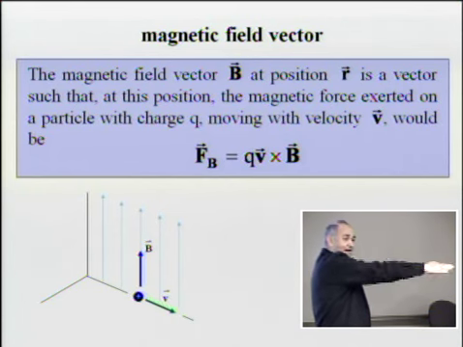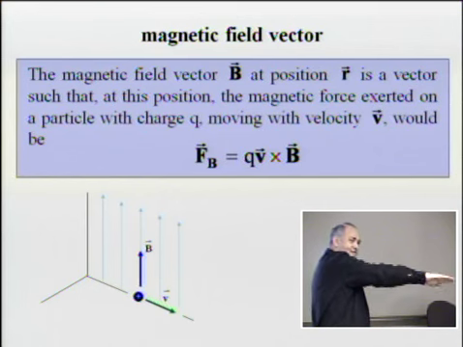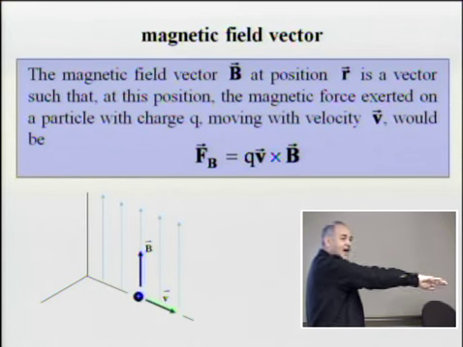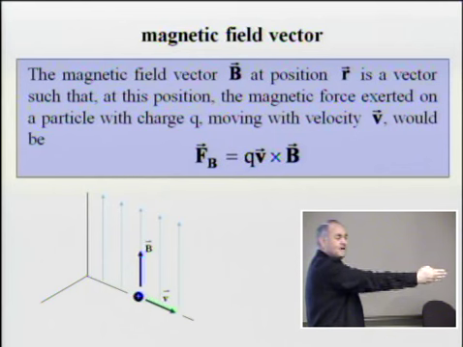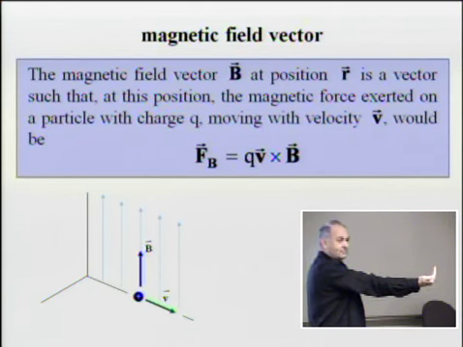Align first the hand with the first vector. Now you have to rotate your hand until you are able to bend these four fingers in such a way that they are aligned with the second vector. The magnetic field vector is up, which means that I have to orient my hand like this. From this location I cannot bend the fingers in the direction of the second vector.